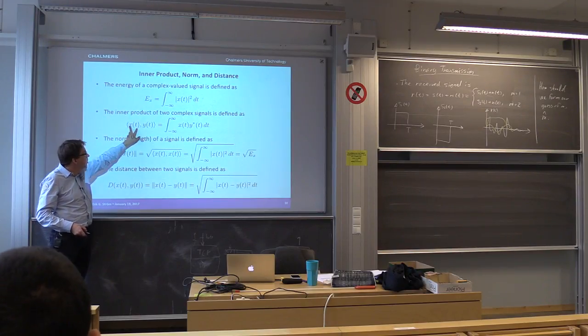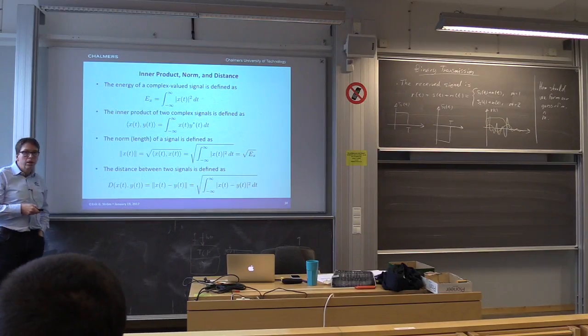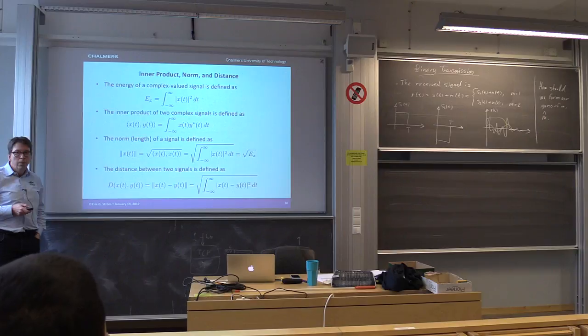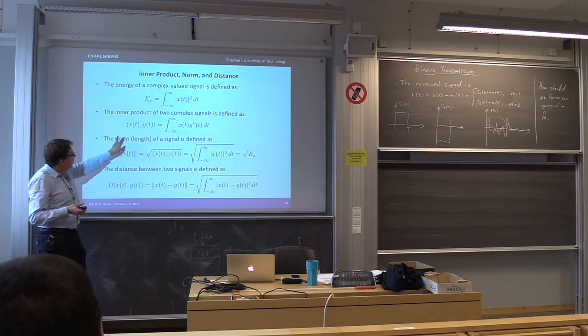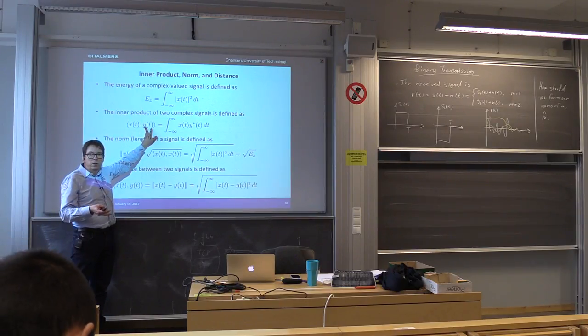Then we have two signals here, x and y, and we calculate this integral, x times y conjugated, integrated for all times. The value of the integral is a complex number, and that is the inner product between the two signals. So the inner product is a mapping between two signals and a complex number.